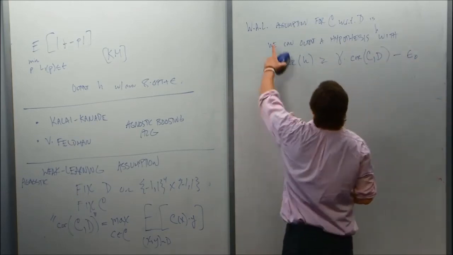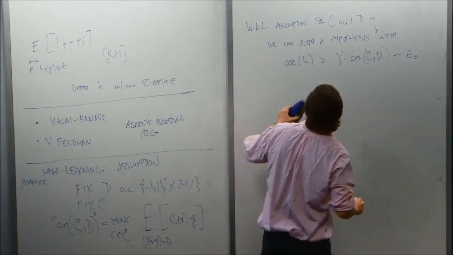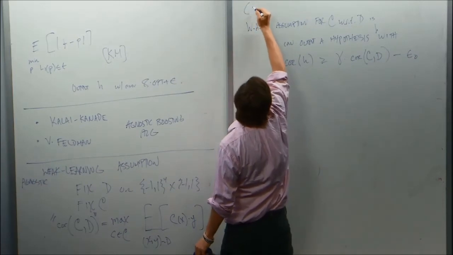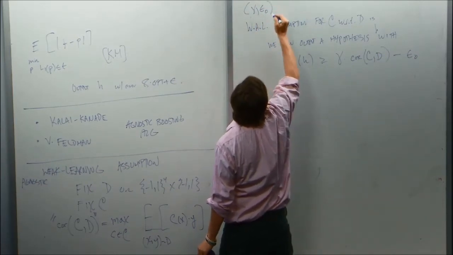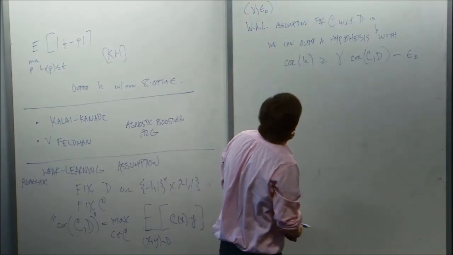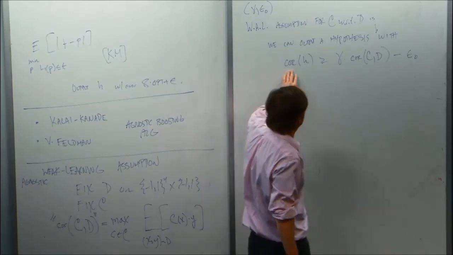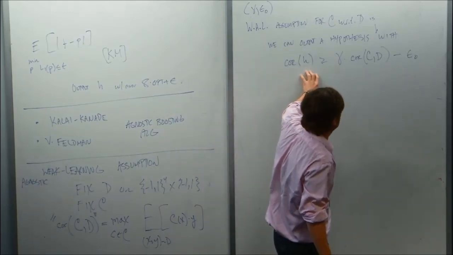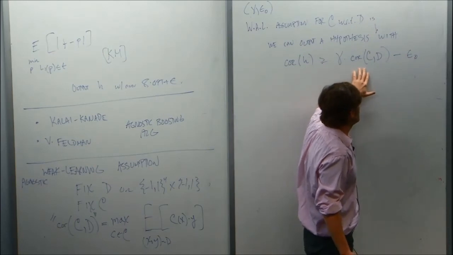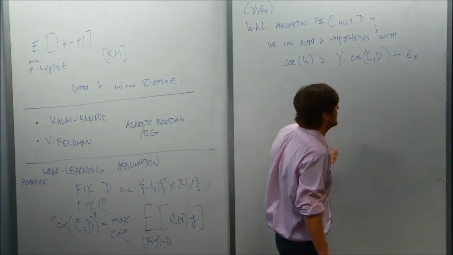I should say, the (gamma, epsilon 0) weak agnostic learning assumption is that we can output a hypothesis H whose correlation is a factor of gamma times the optimal, minus some additive epsilon 0.